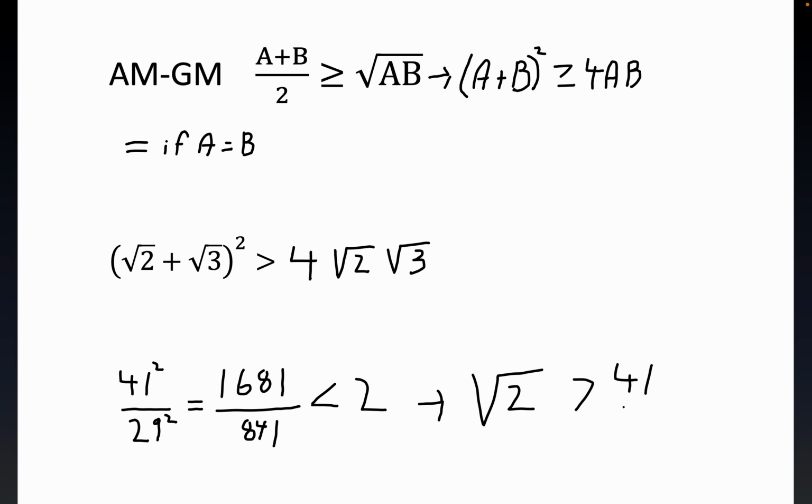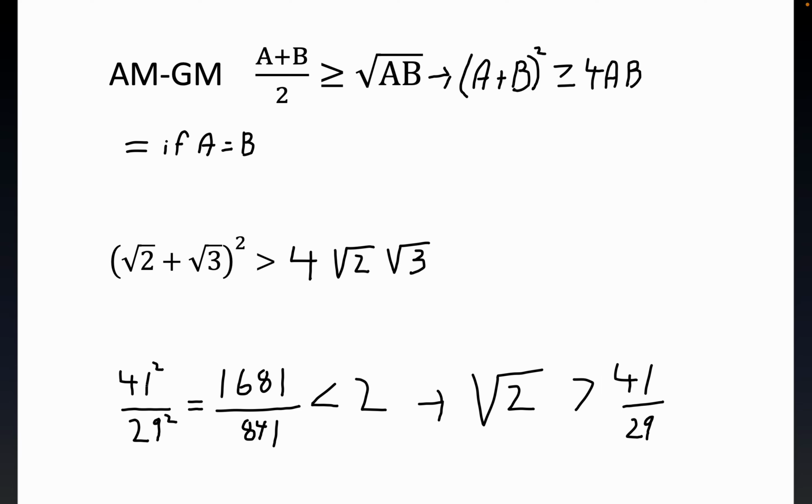Now again, I'm not claiming to be proud of this, but that is a fact, right? If you trust the arithmetic that I did over here, this is true. 2 is just a little bit larger than this, because 1682 divided by 841 would be equal to 2, right? So this is strictly less by a little bit than 2.